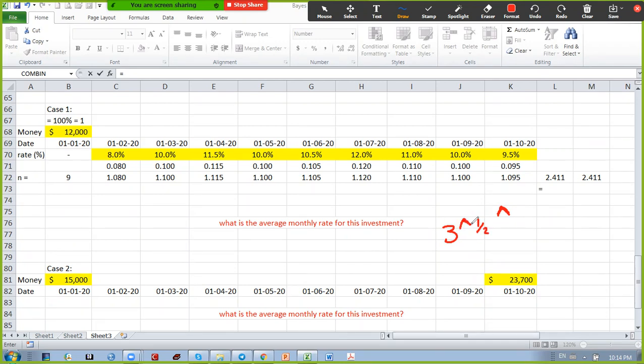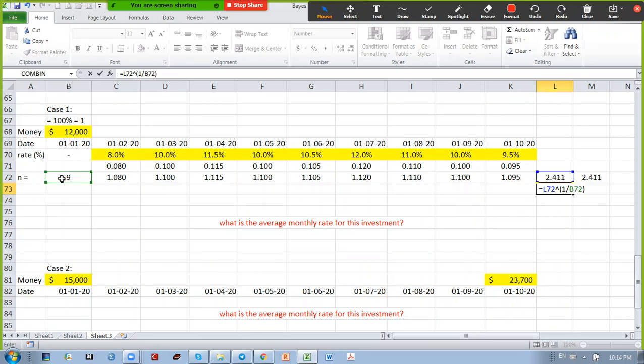You may see this in your calculator on your phone. Yes, power, that's one. So don't feel strange. That's why I put this one: power 1/9.